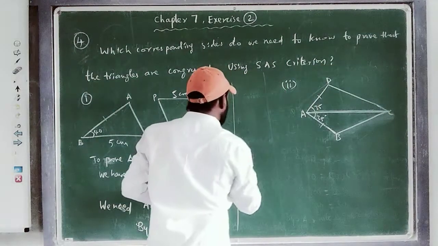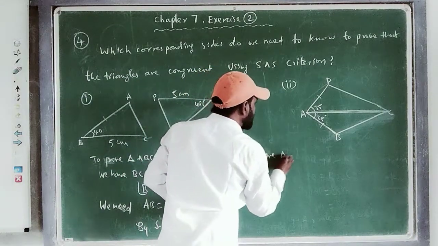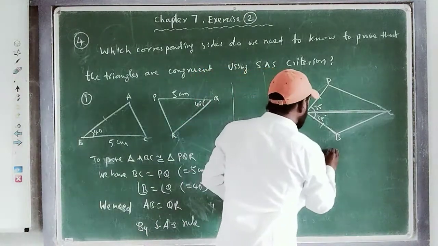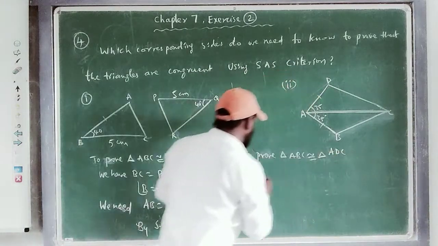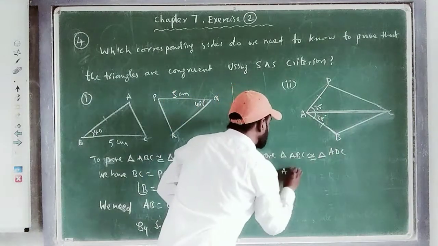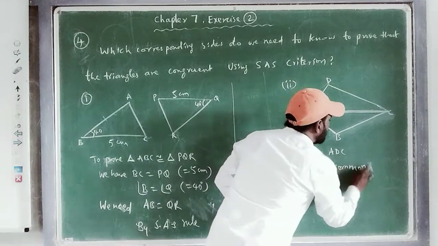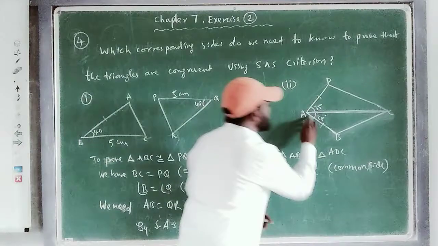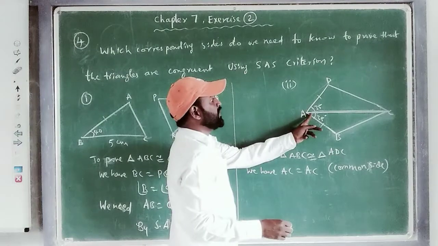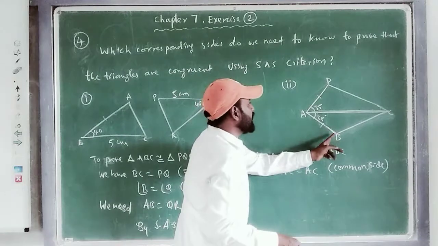So same like that, to prove triangle ABC congruent to triangle ADC, we already have what? AC is equal to AC, a common side for both. In both triangles, AC is common. In this A and C is there, in this A and C is there. So the angle is in between. How is it made? Angle CAD and angle BAC.